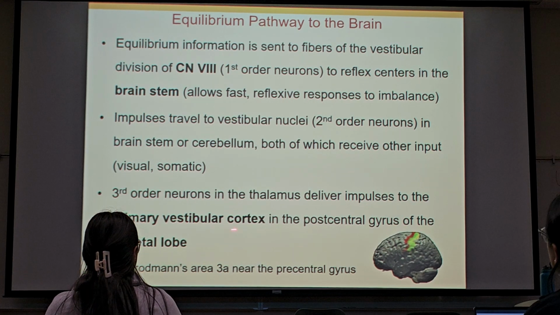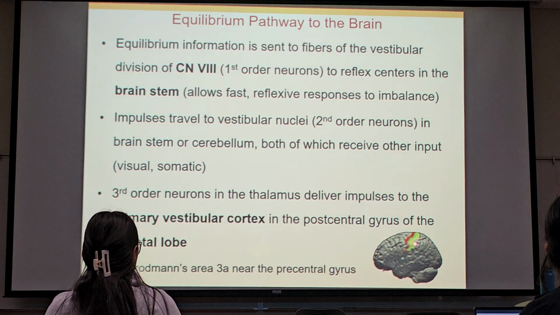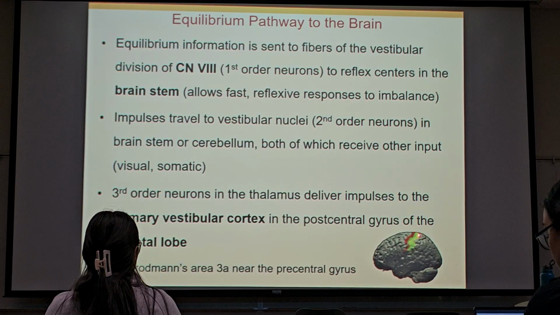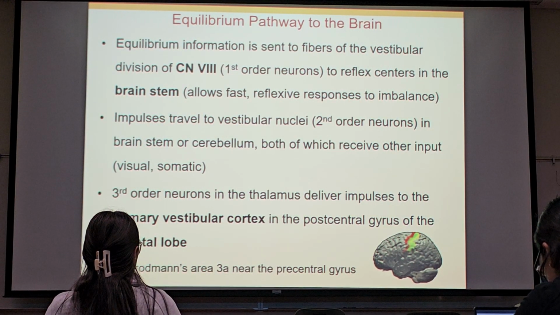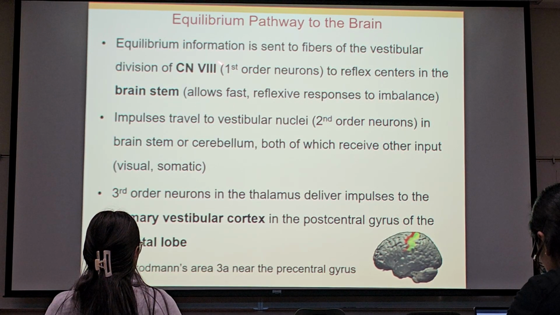The primary vestibular cortex is in that postcentral gyrus, remember him? Where we are talking about somatosensory stuff, sensation at the body, right? So we get this whole transfer of electrical impulses from cranial nerve 8.